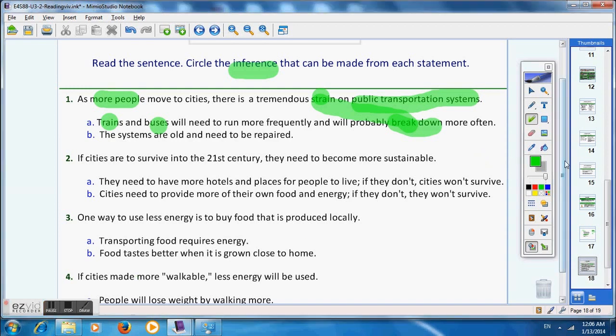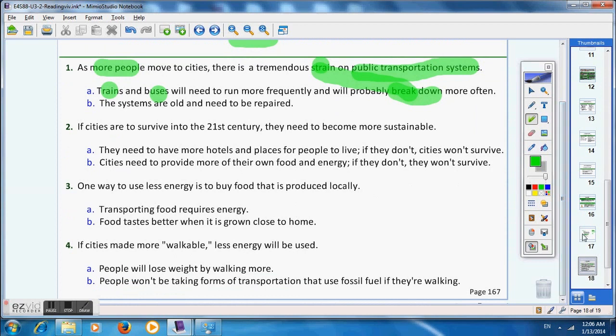Statement number 4. If cities are made more walkable, less energy will be used. A. People will lose weight by walking more. B. People won't be taking forms of transportation that use fossil fuel if they're walking. Please pause the video and answer.